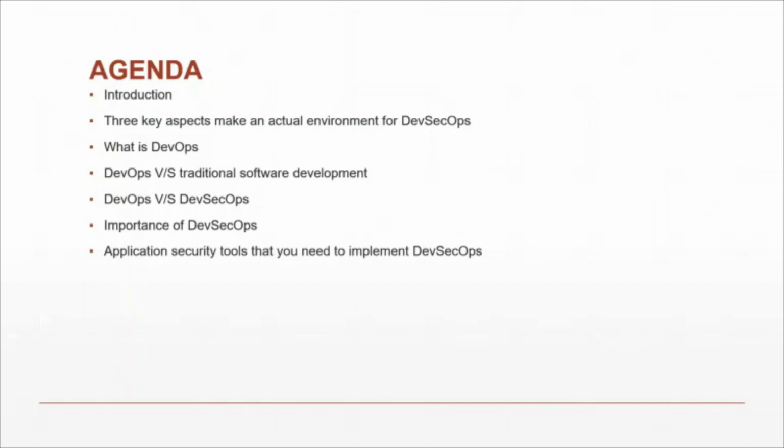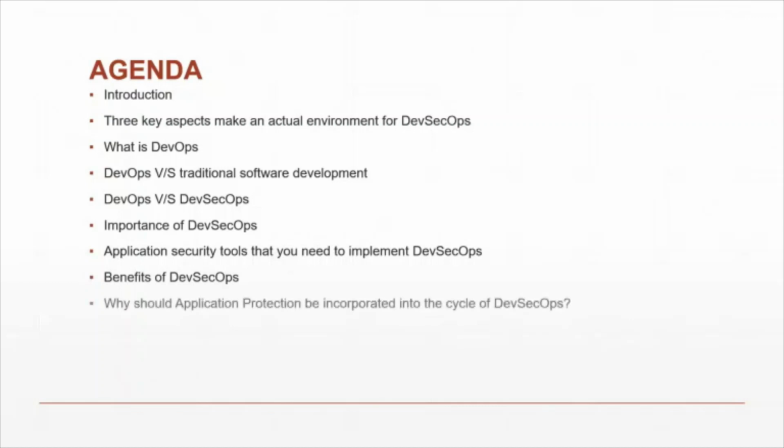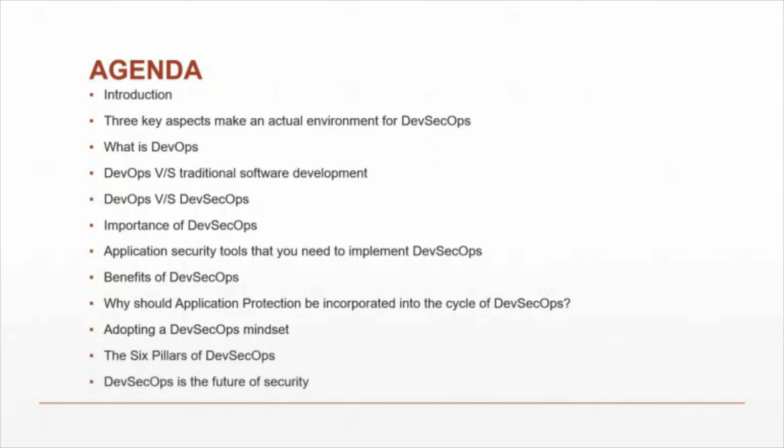Application security tools that you need to implement DevSecOps. Benefits of DevSecOps. Why should application protection be incorporated into the cycle of DevSecOps? Adapting a DevSecOps mindset and 6 pillars of DevSecOps. And DevSecOps is the future of security.